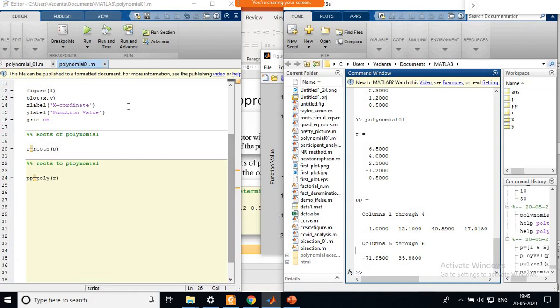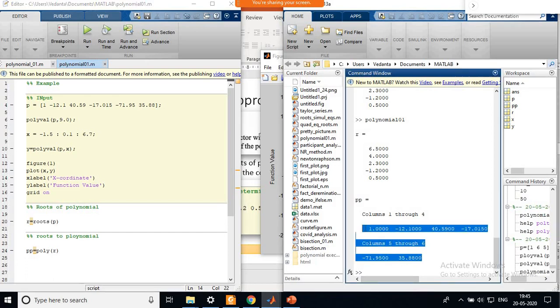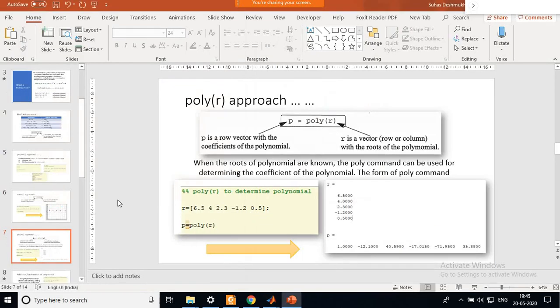See, so same roots we have started with: 1, minus 12.1, 40.59, then 17.05, 71 and 35. These are the coefficients we got, 6 coefficients for the fifth order polynomial. So this is the way you can use roots to determine the polynomial, or polynomial to determine the roots.